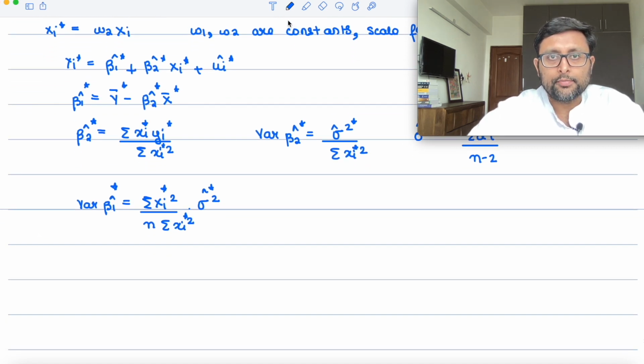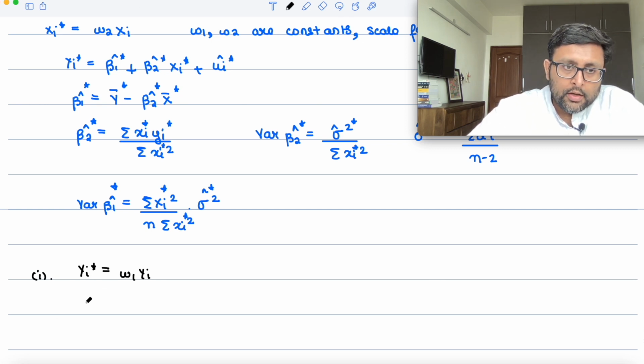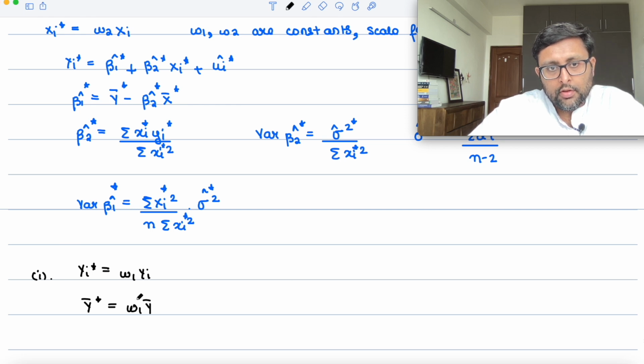First thing, yi star is w1 yi, right? Y bar star would be, when you just take the mean of both of them, w1 y bar, and subtract y bar star from yi star.